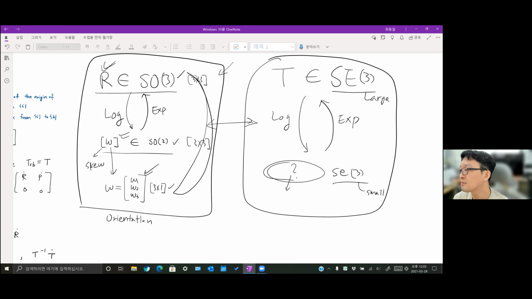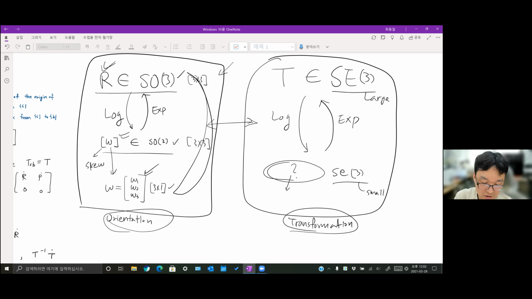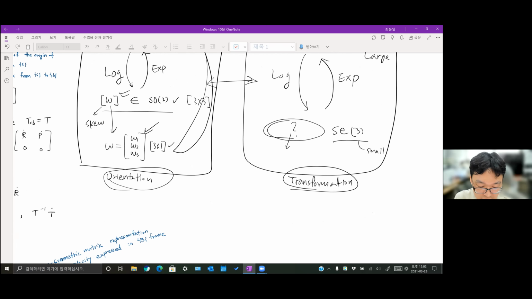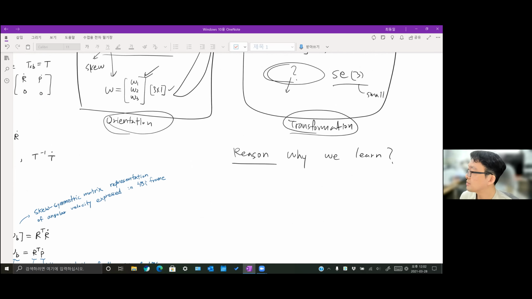Until now, we learned some explanations and methods to describe orientation and transformation. Have you thought about why we are learning this?